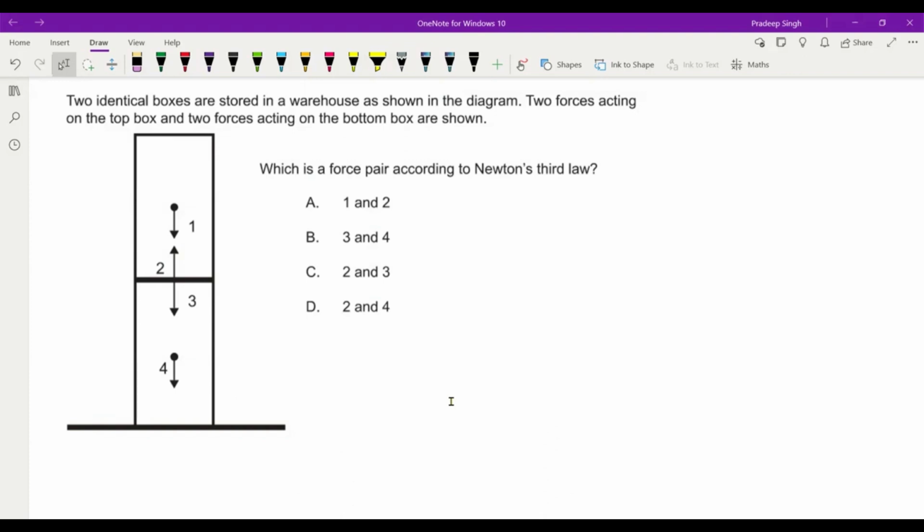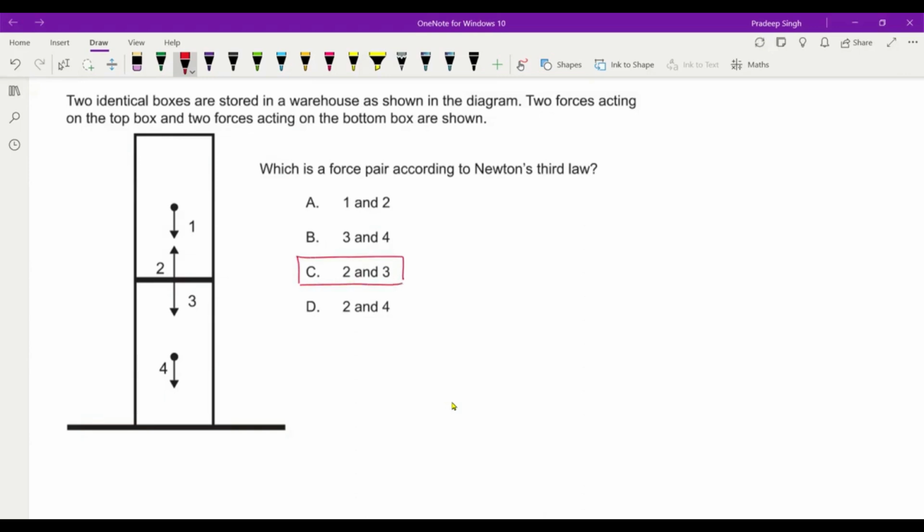That would be 3, and then the box must also exert a normal reaction force on box number 2, which is 2. And since they're identical, Answer C, actually, is correct, but your reasoning is a bit on the other side.